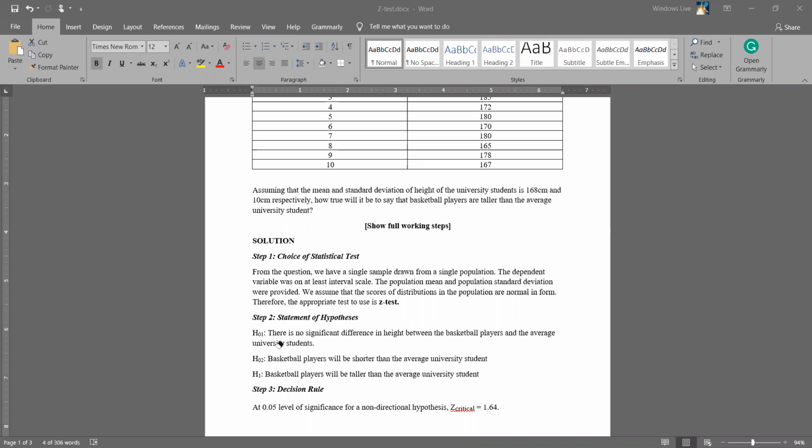Let me focus on the second hypothesis I stated for H0. You could see that this one is the direct opposite of what? Of H1. We indicated basketball players will be taller for H1. With H02, the second hypothesis for H0, I indicated basketball players will be shorter. So that's the opposite.